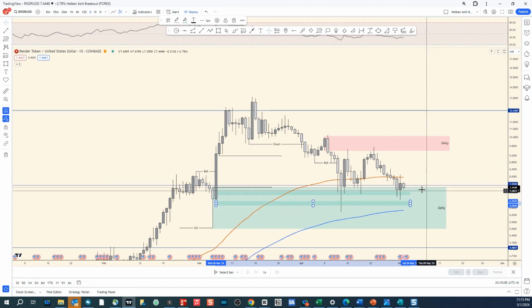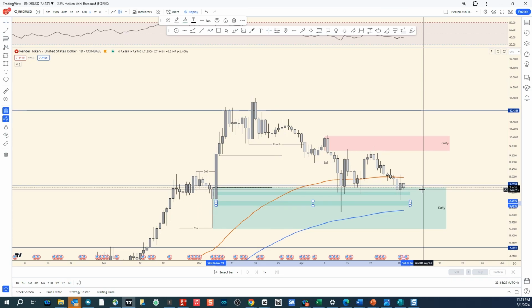And the reason is typically how I see zones is zones usually wear down after some time. There's the common perception that orders are in the zone. As price taps into the zone, more orders are taken, then less are there, and the zone can become weak.